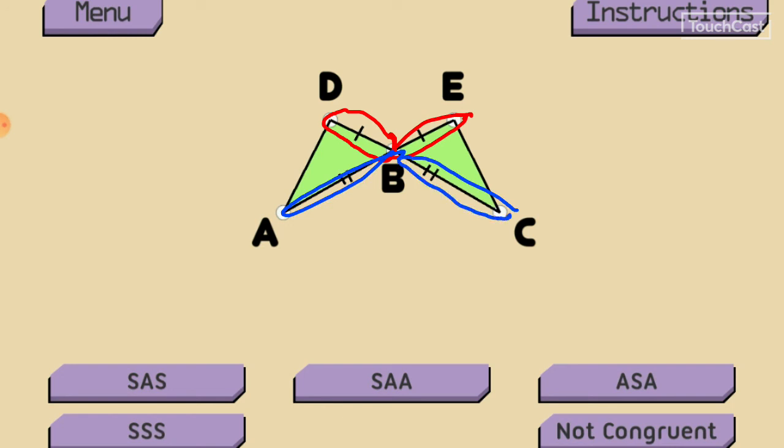Now, there is also no other information shown here, but maybe an observant student can see that there is a pair of vertical angles shown here, DBA and EBC, and that this pair of vertical angles is congruent.